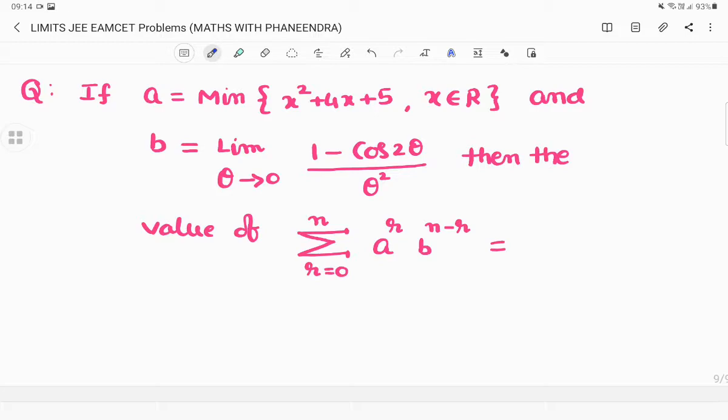Here this question is a combination of two questions, one is from quadratic equations concept, another one is limits concept.